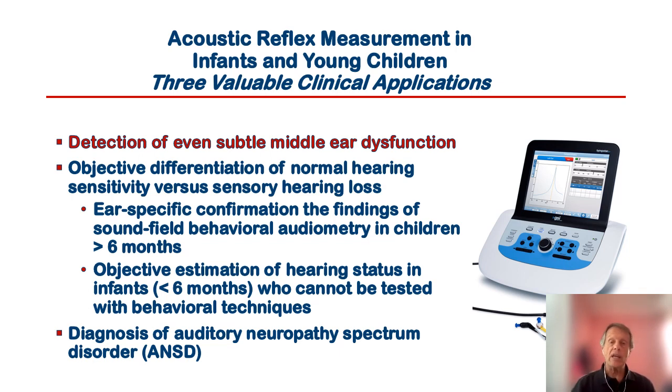Even though we don't have any other test results, we are very suspicious. That child with normal OAEs and no acoustic reflexes may very well have a neural disorder. So again, I can't overemphasize the importance of acoustic reflex measurement.